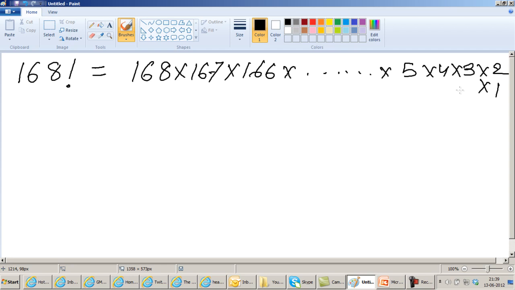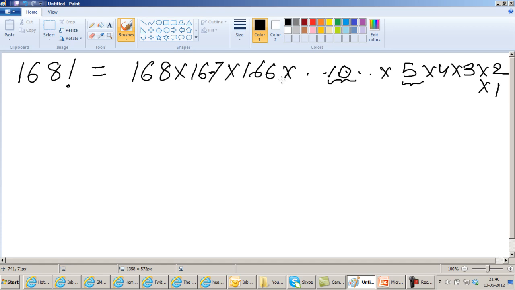Now if we were to find out the number of 5s in factorial 168, we will see that 5 is repeating at every 5th number. So here you have 1 5, then in between you will have 10, there you will have 1 5. Similarly you will have 15 where you will have 1 5. Then at 25 you will have 2 5s.